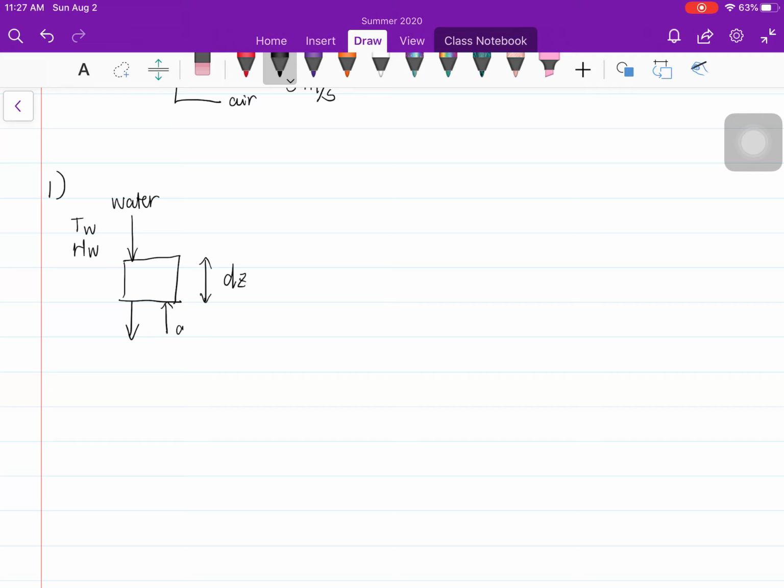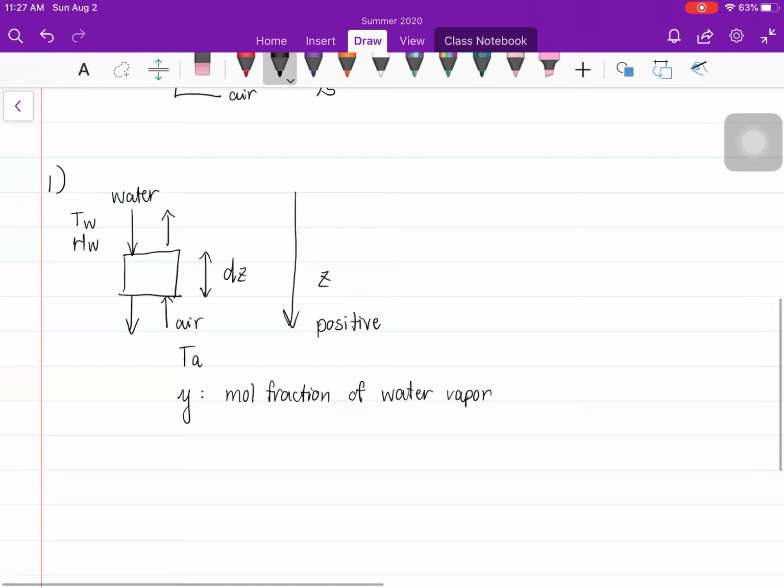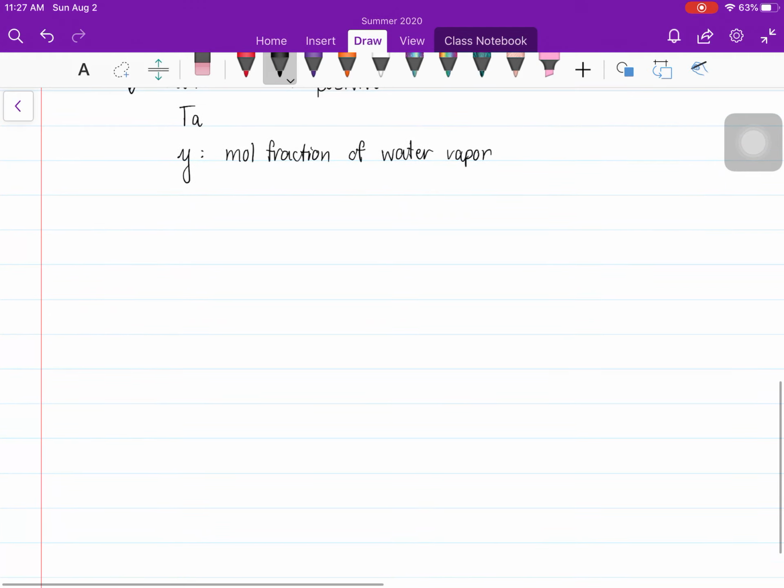Then air coming from the bottom, coming out from the top, and we have Ta as air temperature, and Y is mole fraction of water vapor. And then I will choose the direction from top to bottom as positive direction for position. And then I will take a look at the energy balance of the system.